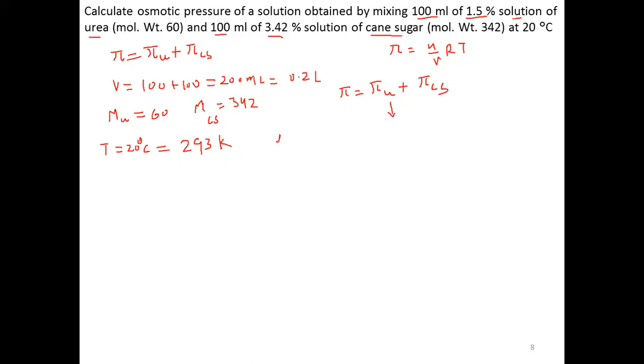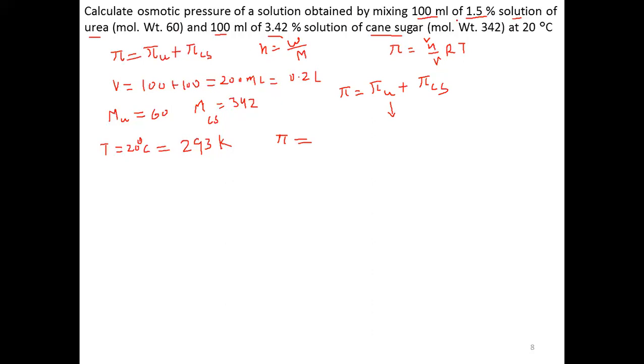Actually you can do it very quickly. RT upon V is the same for both, so it will be common. We just have to put the values of N1 and N2, but I will do it step by step. Pi urea is N by V. What is N? Weight divided by molecular weight, the number of moles.